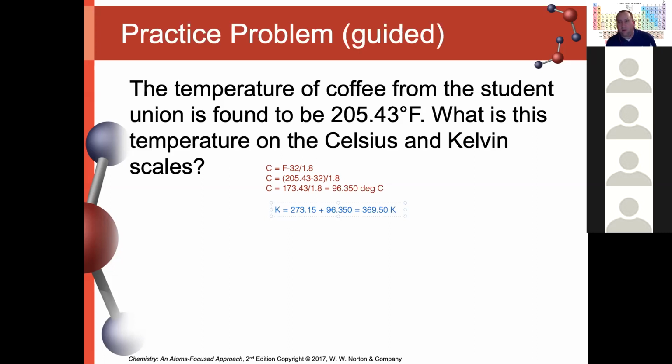Now, in this case, we have to use decimal places. Our Kelvin conversion has 2 decimal places. Our temperature value has 3. We always round to the fewest decimal places when we add. So we had to round this to 2 decimal places here. So 369.50 Kelvin is our answer.